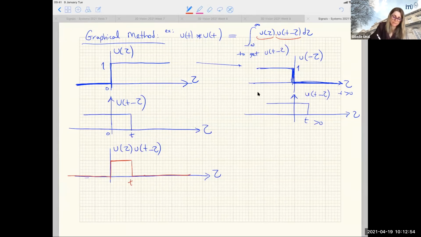So guys, this was the first signal. It happened to be the same signal here, but this is the second signal, okay? It can be any other signal, of course. Multiply them or take a product pointwise. Now integrate it out. Okay, sum it out. Then it's really the area underneath, right?